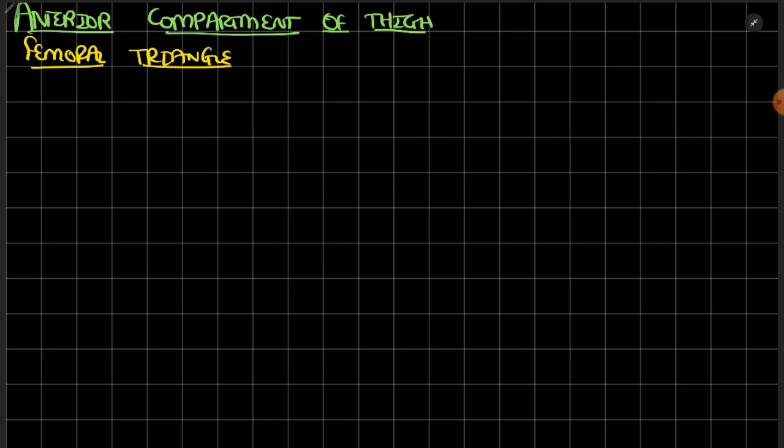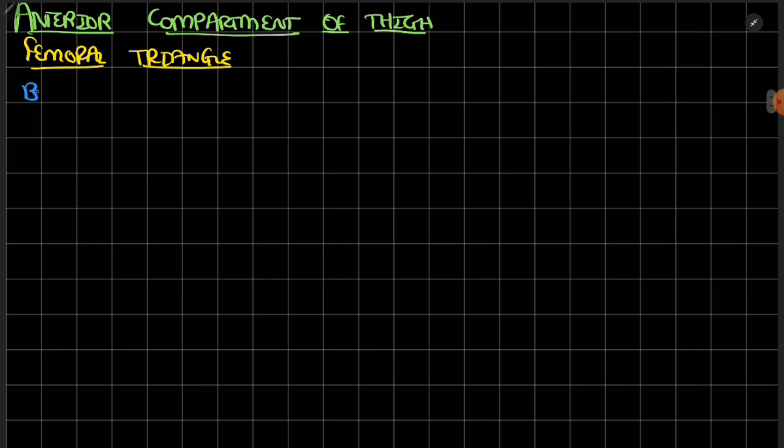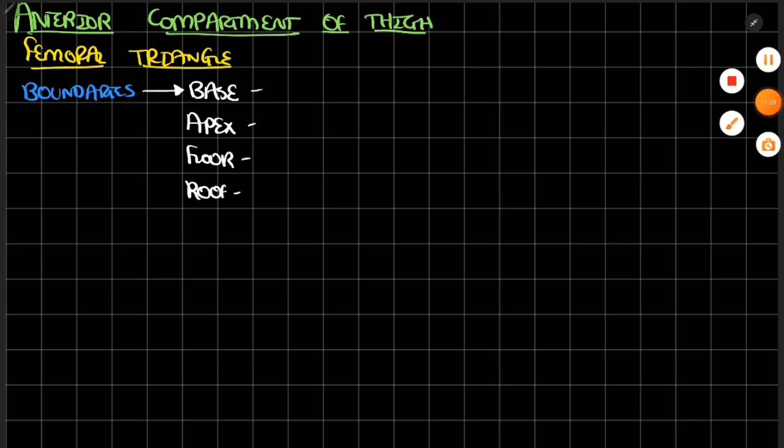First we will describe the boundaries, as we described the boundaries of the cubital fossa earlier in the upper limb. So boundaries. It has a base, an apex, a floor, and a roof. Okay, first I will write it and then I will draw it.